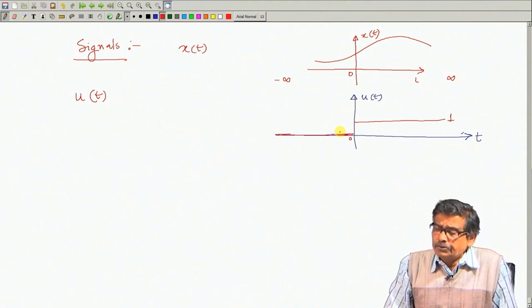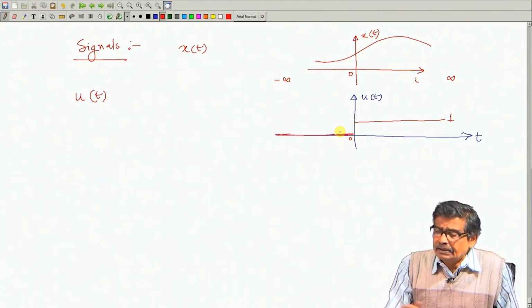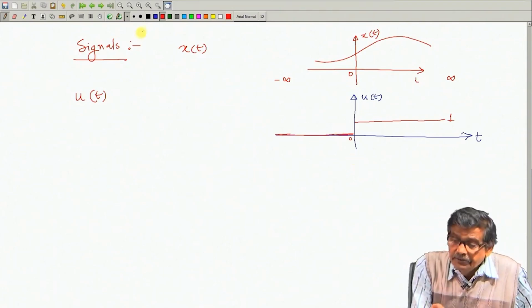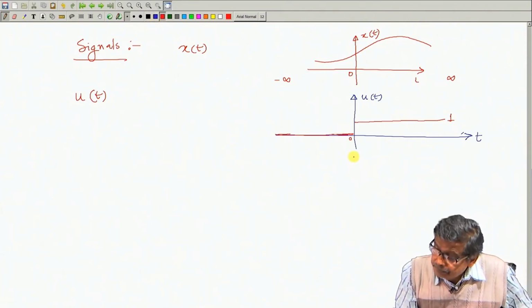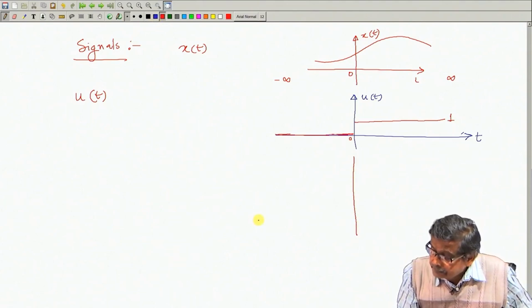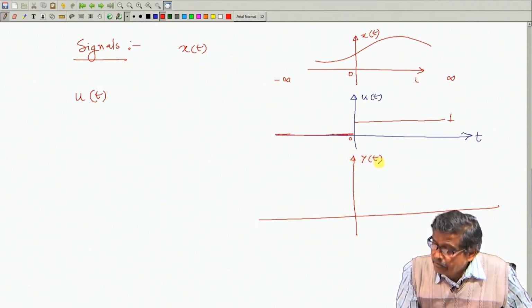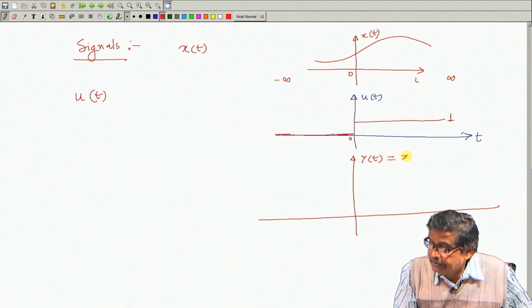So, we will just tell you something: what happens if you multiply a signal x(t) with u(t). If I want to sketch a signal y(t), which I say is equal to x(t) into u(t), the unit step function.